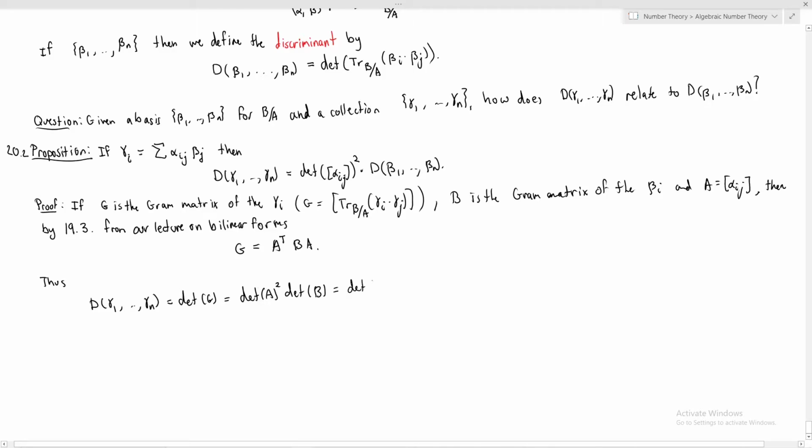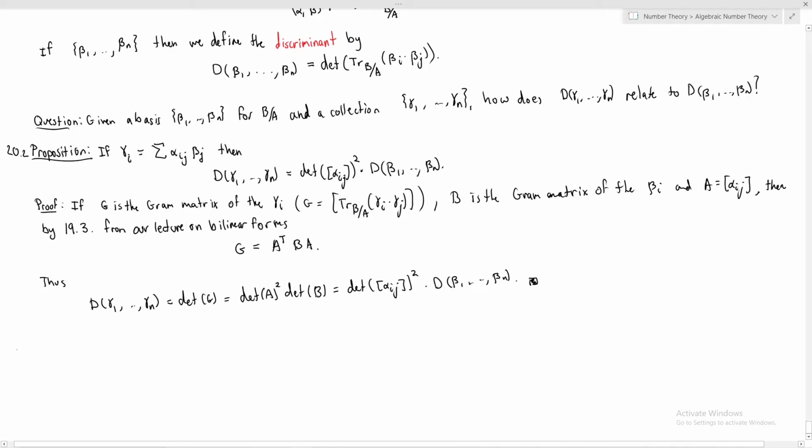This is going to be the determinant of alpha ij squared times d of beta 1 through beta n. So this finishes the proof here.